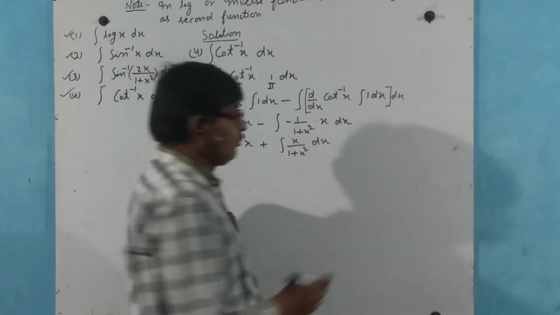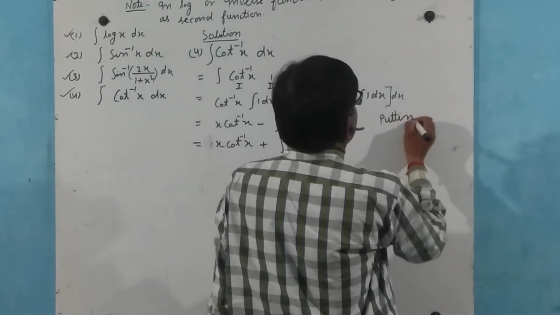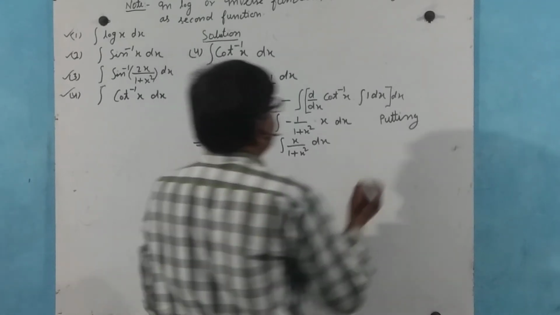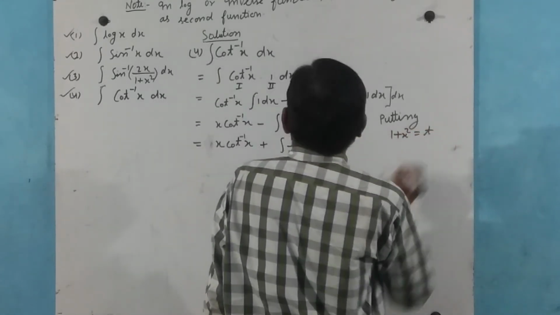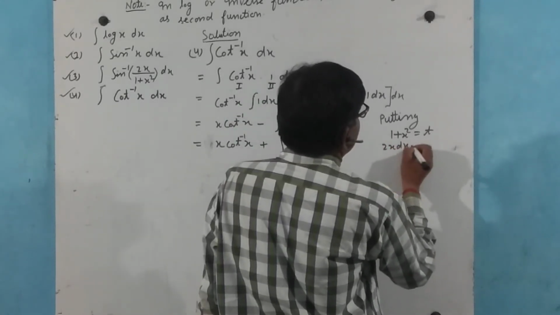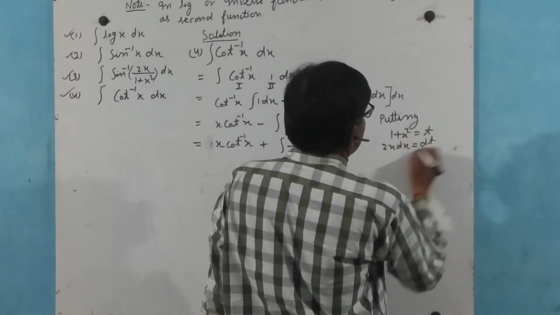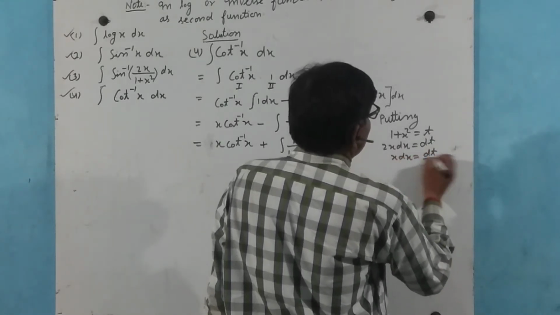Similarly, putting 1 plus x² equal to t, so that 2x dx equals dt, so x dx equals dt by 2.